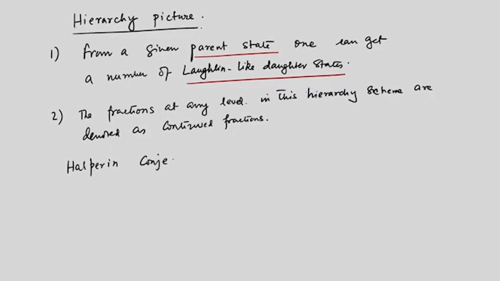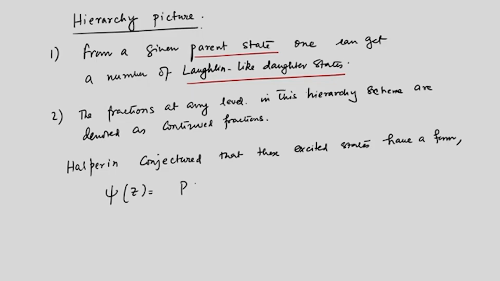conjectured that these excited states have a form given by psi of z. This is a P of z_k, which is our usual Jastrow factor, the product of z_k minus z_j, and so on and so forth.